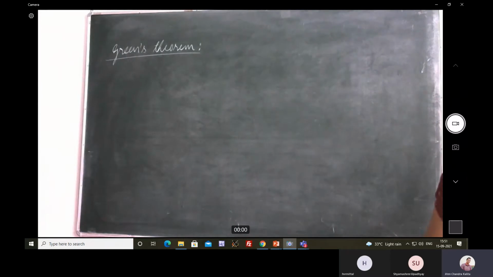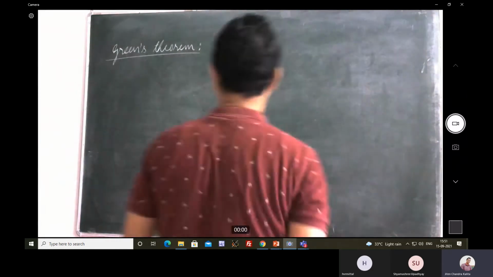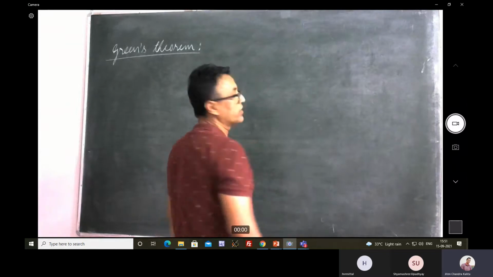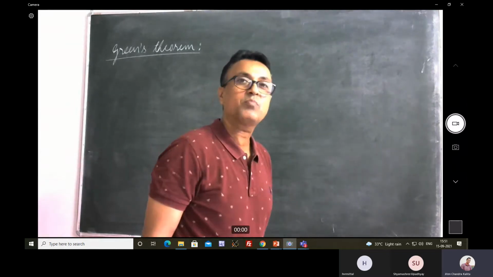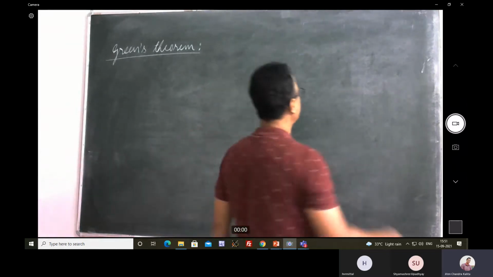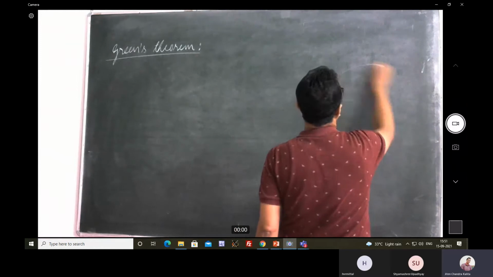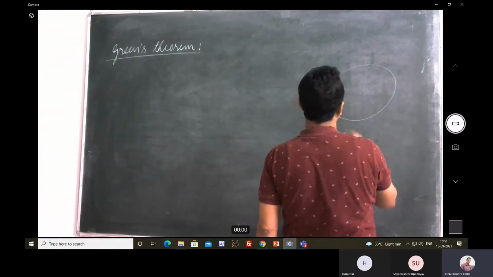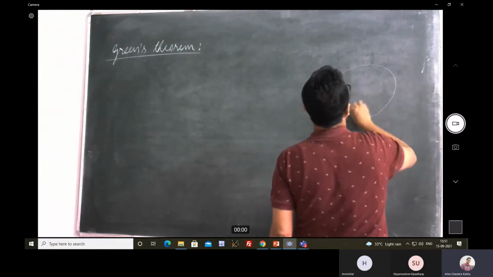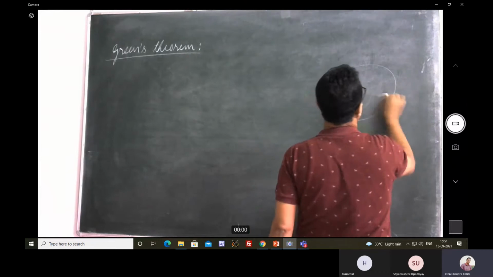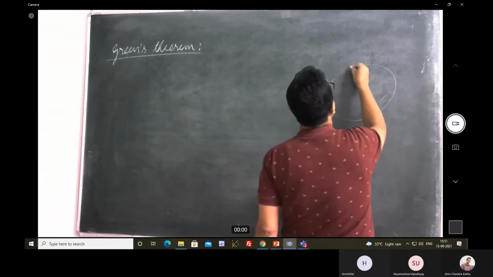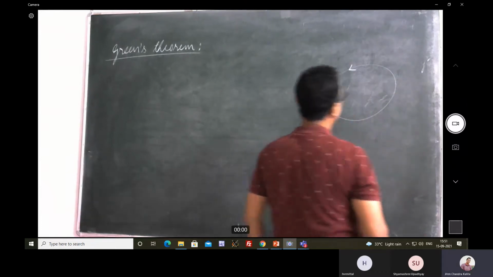The very first thing is about positively oriented curve. Okay, positively oriented curve. So here we are going to deal with simple closed curve, and the region bounded by such a curve.